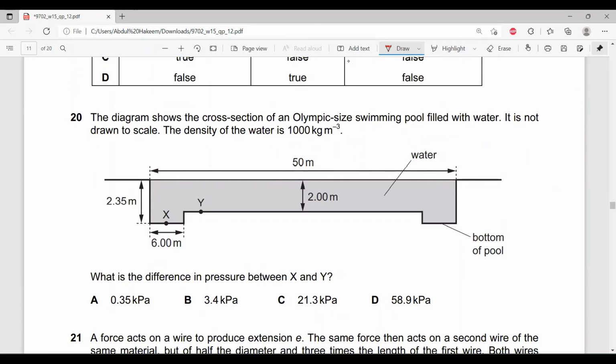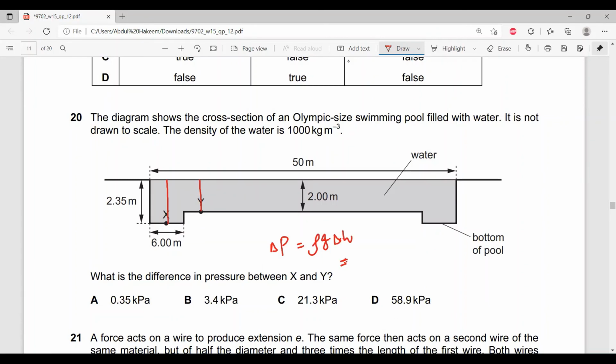Next, number 20. The diagram shows a cross section of an Olympic-sized swimming pool filled with water. It is not drawn to a scale. The density of the water is 1,000 kilogram per meter cube. What is the difference in pressure between X and Y? So the pressure depends on the depth. So this is the depth and this is the depth. So pressure difference is equal to rho g delta h.